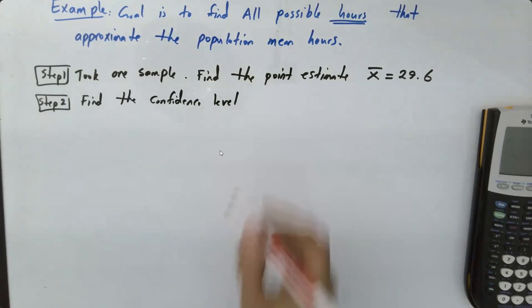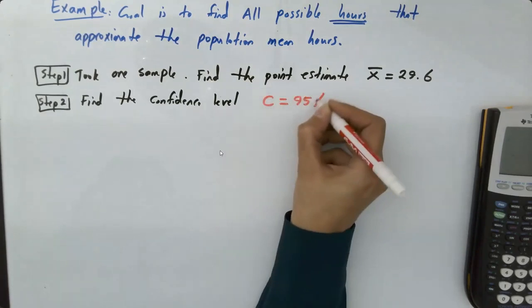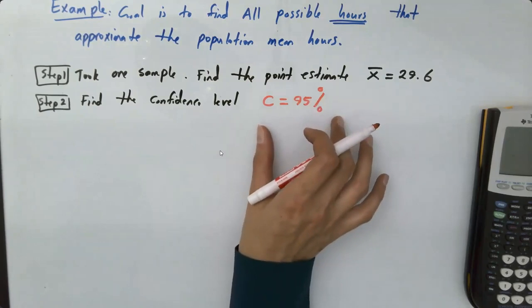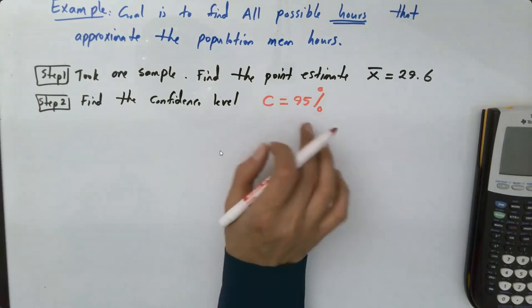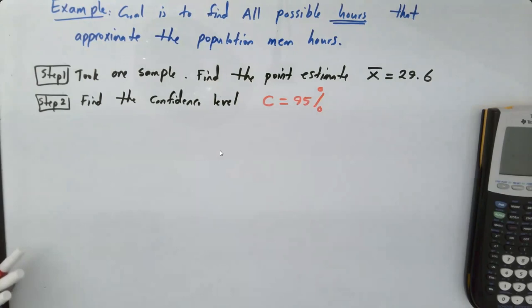So we're going to assume C is 95%. Remember that this number is not given to us. Since it's not given, we automatically use 95%. Okay, we're good so far.